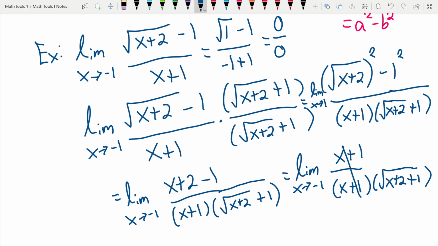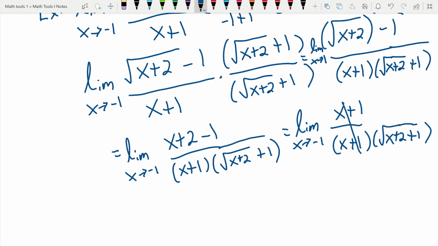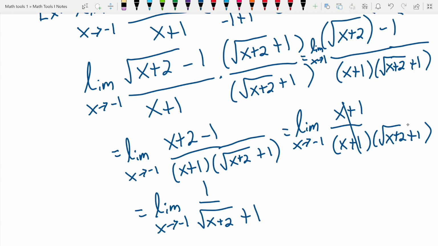And now these cancel out. So we are left with the limit as x approaches -1 of 1 over the square root of x plus 2, plus 1. I don't know why I had that all in the square root before.